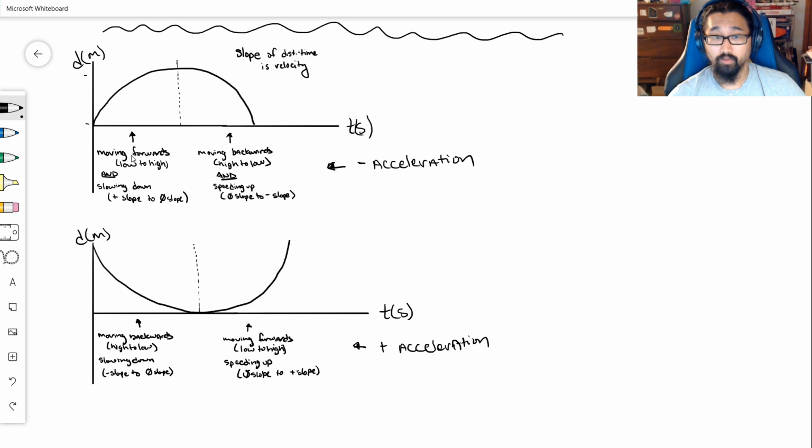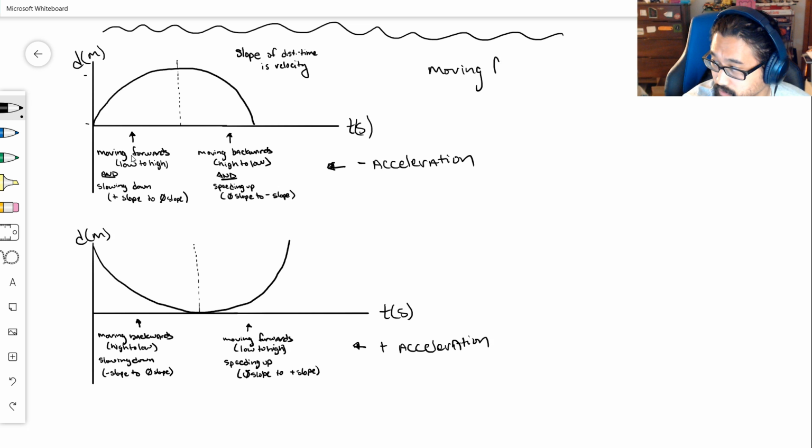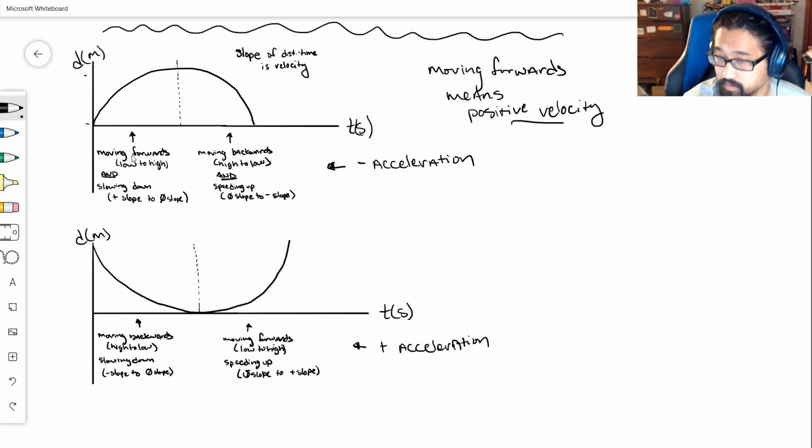If you're moving forwards, by the way, just another little note here. Moving forward means positive velocity, right? Try to think back to last year to chemistry.